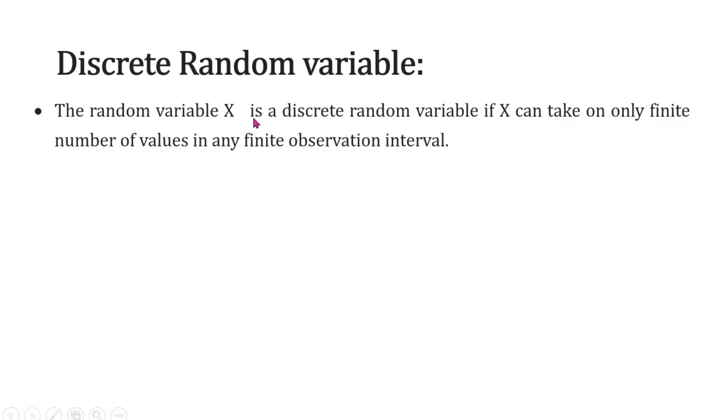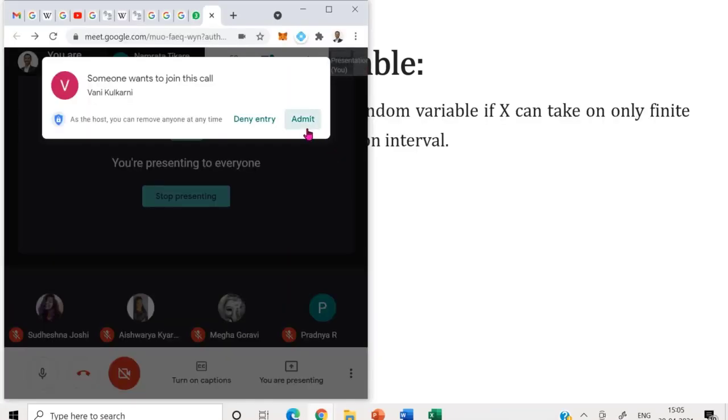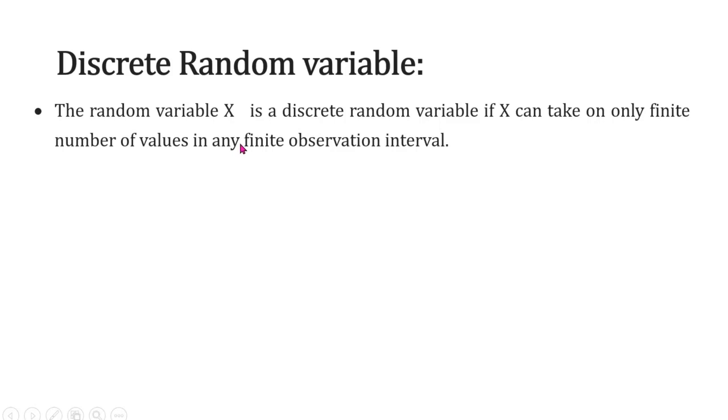We will see what we mean by a discrete random variable. A random variable X is discrete if X can take on only a finite number of values in any finite observation interval. So here the values will not be continuous. Instead, the values are obtained at discrete points of instant.